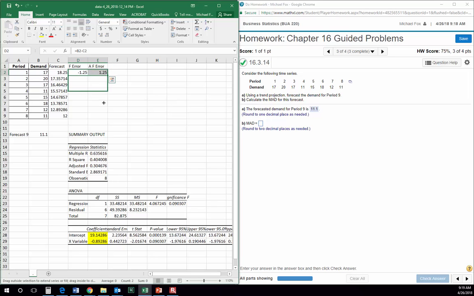Now we can use the fill tool. We'll take the sum of those, and the sum of those divided by n gives us our MAD. 2 decimal places, 1.93.